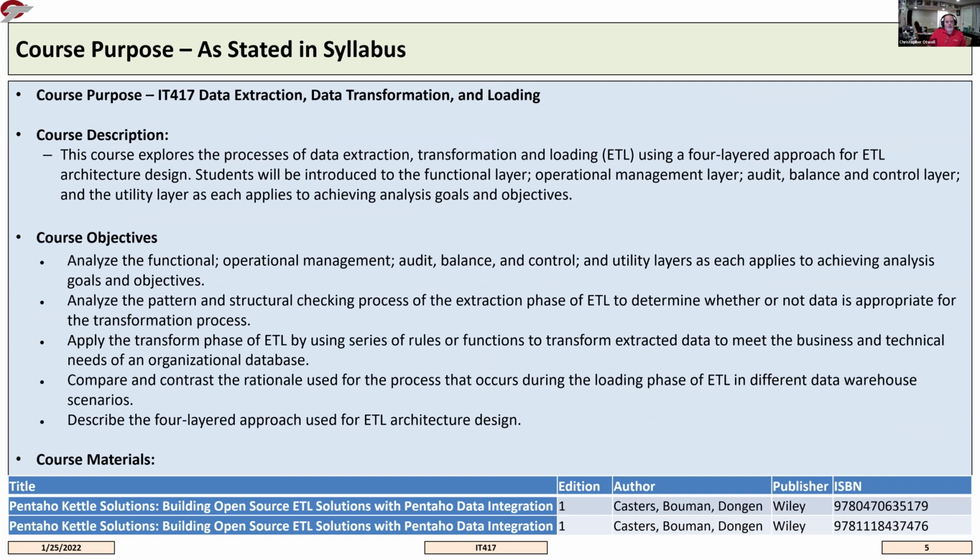ETL: data extraction, data transformation, loading. This course is going to be talking about how to deal with the four layers that involve the ETL process: the functional layer, the operational management layer, the audit or control layer, and the utility layer. Each of those has different purposes, and we will be going over what each of those purposes are, with one of the layers dedicated to each week's discussions.